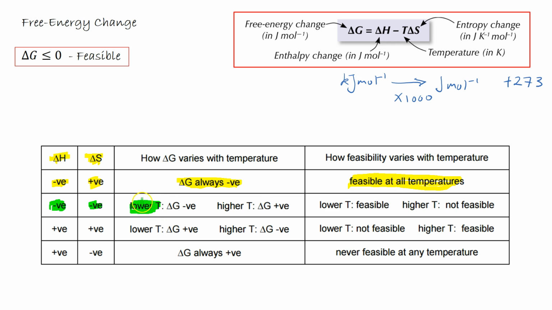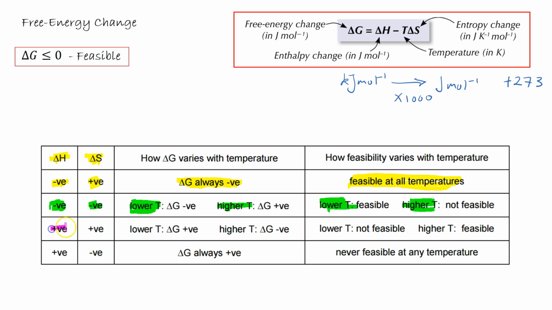That's because as we increase the temperature, our T delta S will become a more negative value, and at some point will become more negative than the delta H value, and therefore will tip, and delta G will become positive at higher temperatures. As a result, the reactions will be feasible at lower temperatures and not feasible at higher temperatures.